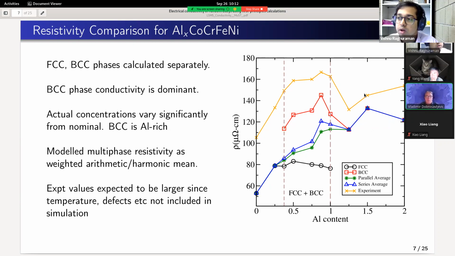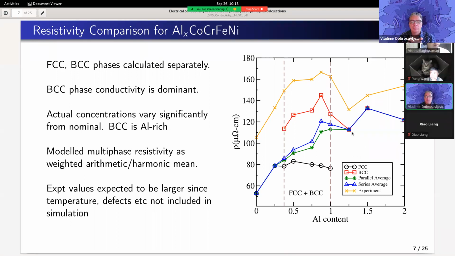Yeah, that's true. So initially we thought we would have to do something like that, but then when we saw that the BCC pretty closely resembles experiment, the conclusion we came to is that the BCC is having the dominant effect here. I see.